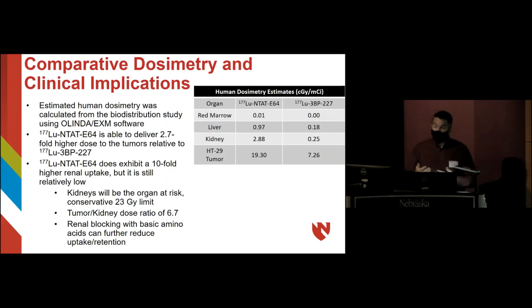However, there are also ways to further improve the tumor to kidney ratios, and one of those is renal blocking. So generally, basic amino acids can be transfused along with the drug in order to decrease the recognition and uptake in the kidneys, and that would be expected to further increase tumor to kidney dose ratios.